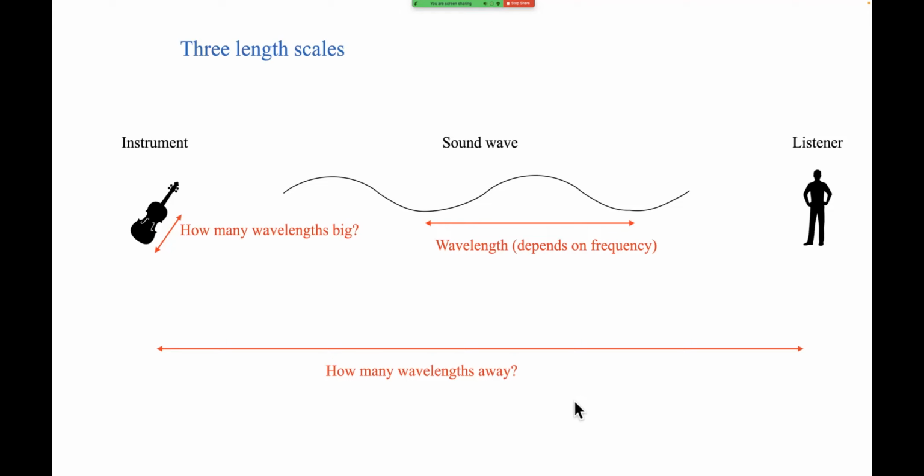But that's relatively simple. If the listener, on the other hand, is close to the sound source in terms of wavelengths, then they're in what's called the near field. And there they may hear things which are quite different from our listener in the far field. So the violinist in particular has their ears very close to the body of the violin.